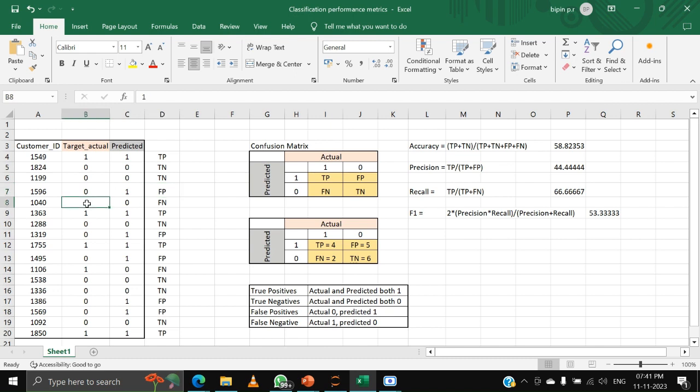Now see, this is the actual output, but predicted as negative. So it is false negative. It should be positive actually. Again, this is a true positive. This is true negative, but this should be negative actually, but predicted as positive. So it is false positive.